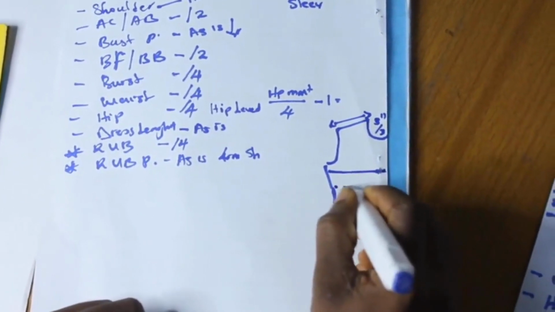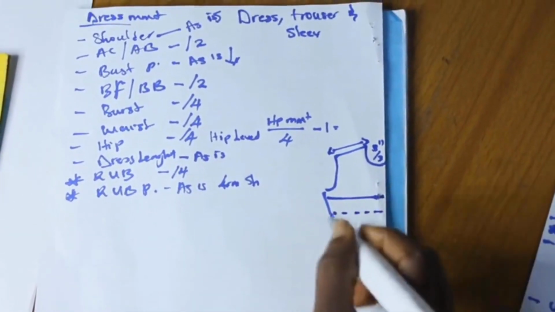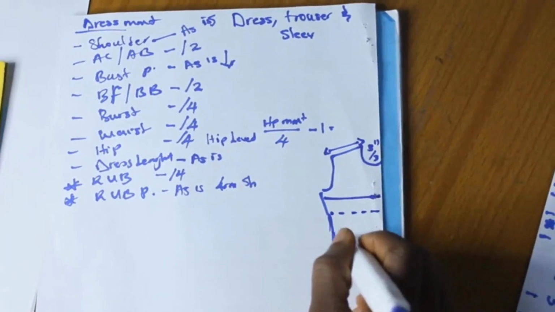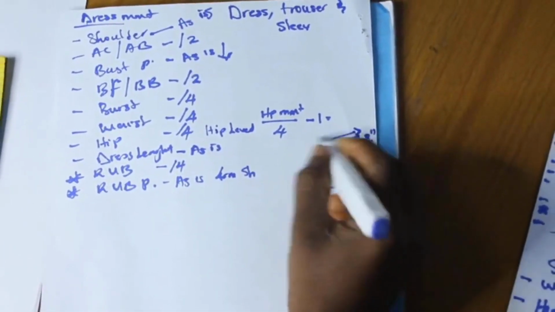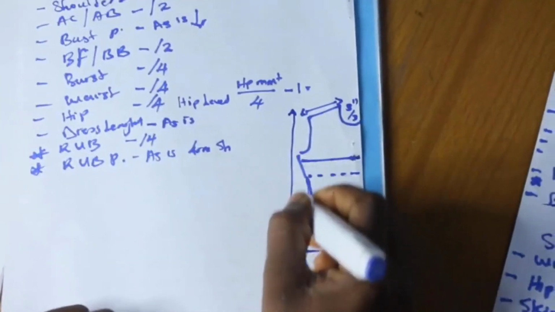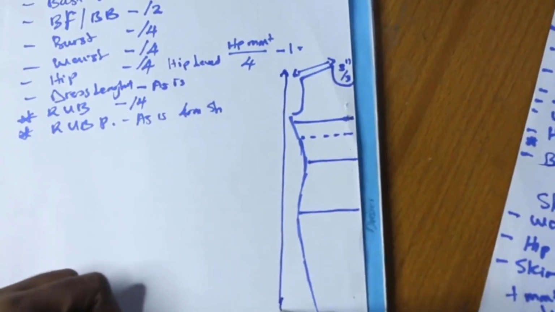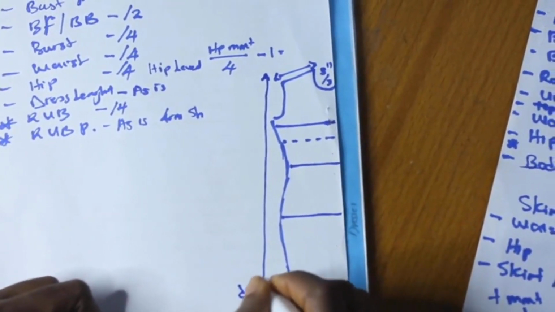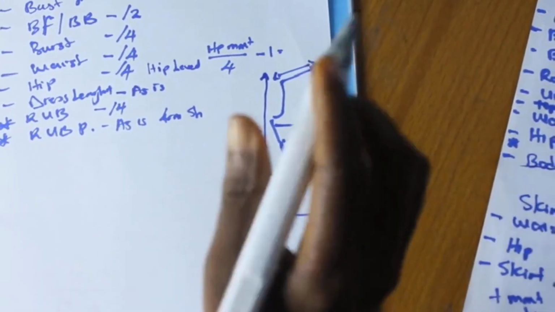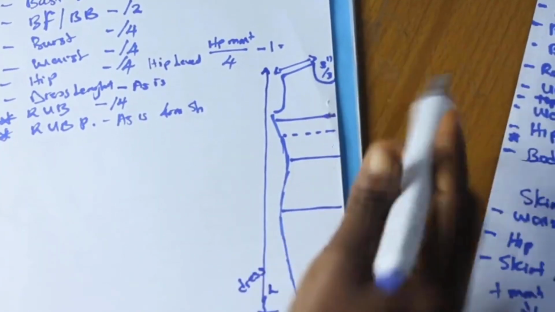Then like I always say, the under bust, depending on measure, we use broken lines. Then we have our waist, then our hip, then from here down we have our dress length. So that's the measurement you need for your dresses.